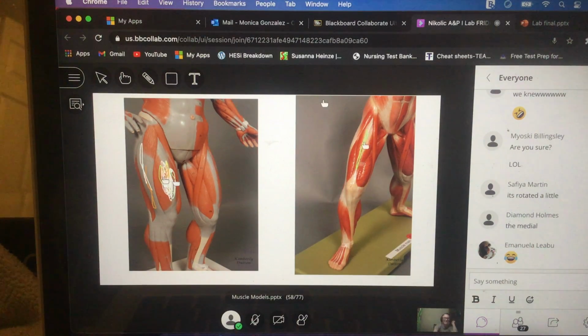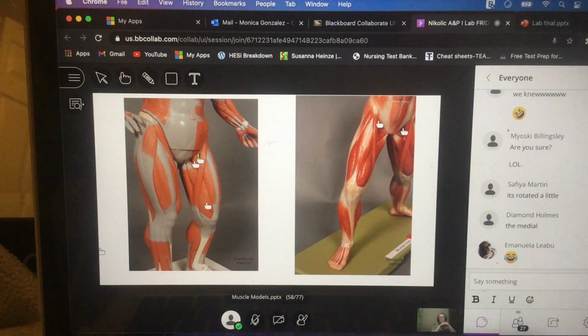Good. All right, ready? Vastus medialis. Yes. Careful here. And then yes. All right, ready? Iliopsoas muscle.